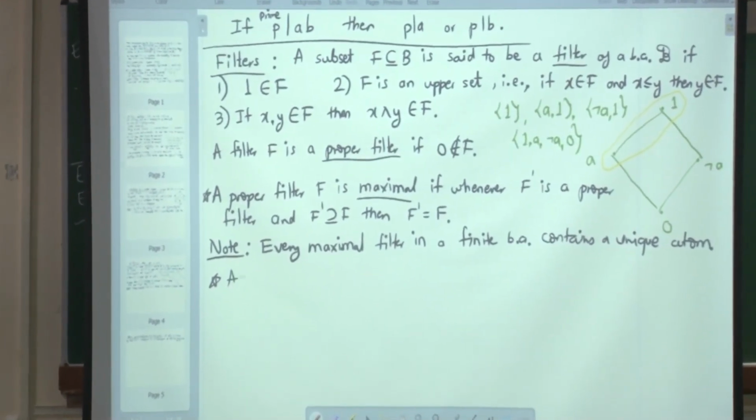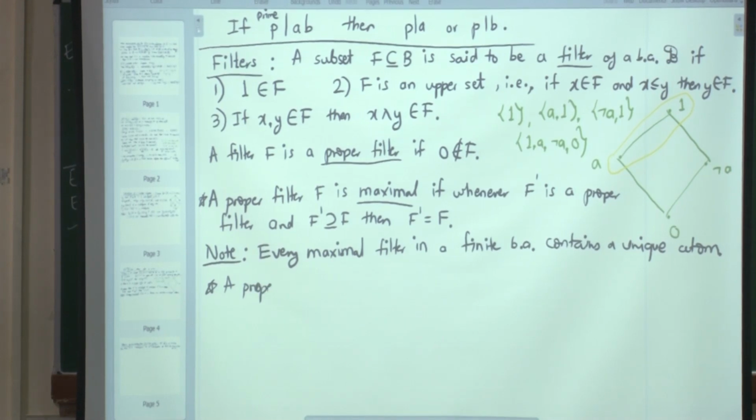So, a proper filter, I am going to give you two more definitions.